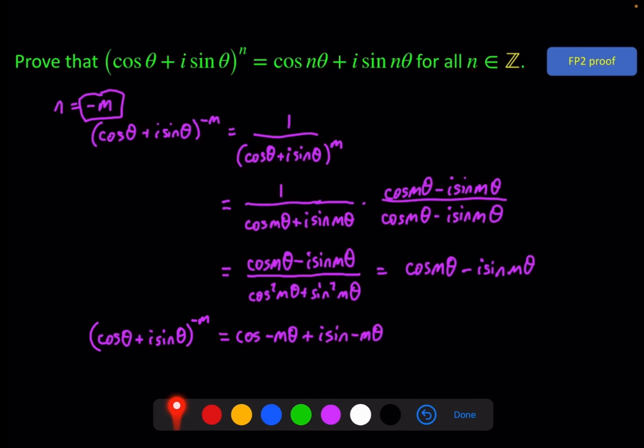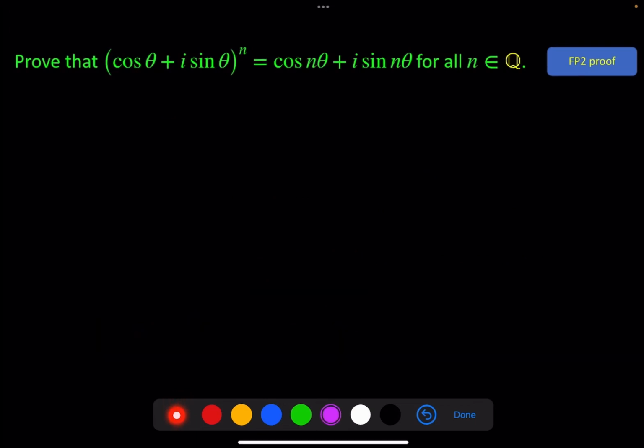The only thing left is to show that it is also true for rational numbers, and you should know that a rational number is defined as a over b, where a and b are both integers. So we're going to have cosine theta plus i sine of theta.